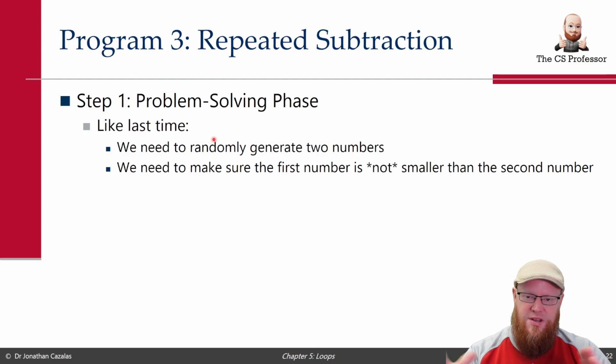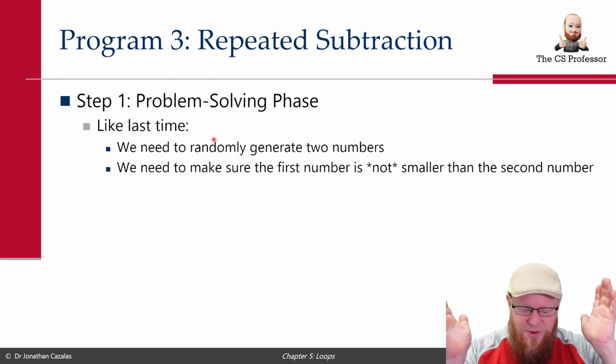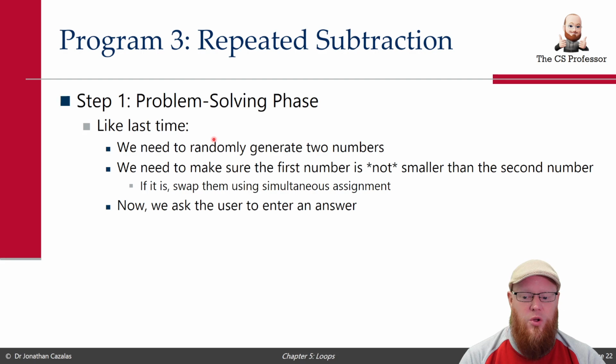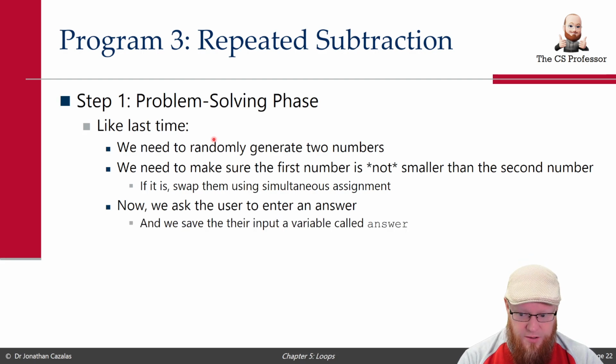The storyline was these third graders are scared of negative number answers. It's too much for their mind. So no problem. We're going to therefore swap the two generated numbers if num1 is less than num2, thereby guaranteeing a non-negative answer. And then we're going to ask the user to enter the answer, and we're going to scan their answer and save it in the variable answer.